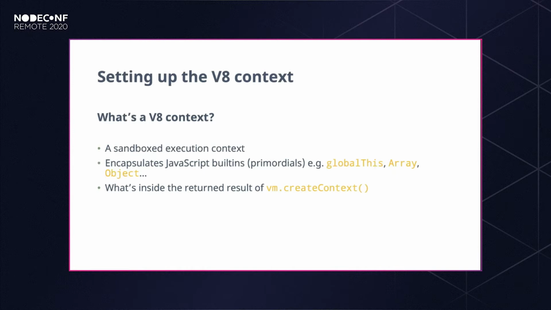A V8 context is a sandboxed execution context that encapsulates JavaScript built-ins, also called primordials, including global this, Array, Object, and others. When you call vm.createContext from userland, this is what the return result includes. It is a new context with a different set of built-ins.